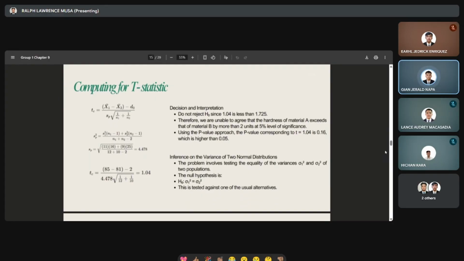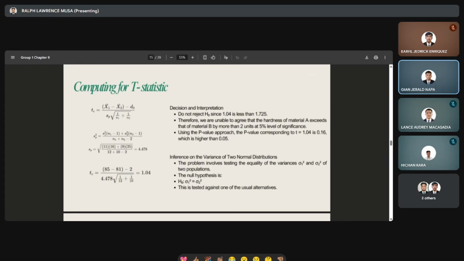Now we will compute the t-statistic. Our t sub c is equal to the mean of the first sample minus the mean of the second sample, minus d sub 0, over s sub p times the square root of 1 over n sub 1, the sample size of the first sample, plus 1 over the sample size of the second sample.